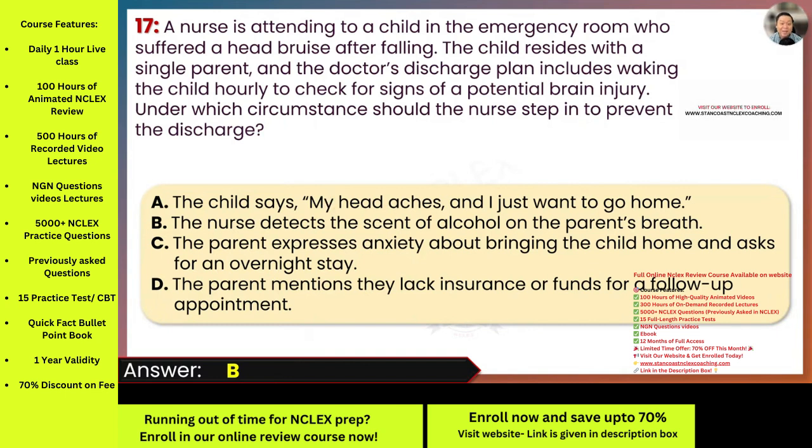This doesn't automatically mean the discharge is unsafe. So what you're going to have to look for in this case is that option that suggests immediate danger, especially that the caregiver or the immediate parent is unable to monitor this patient or is unable to carry out what the instructions have been placed by the medical provider.